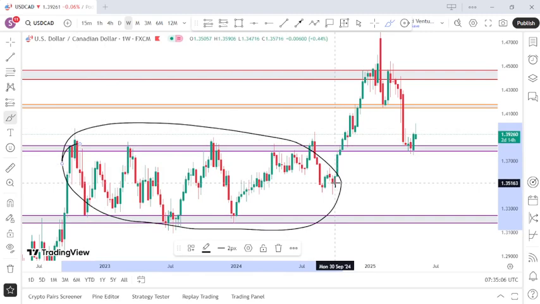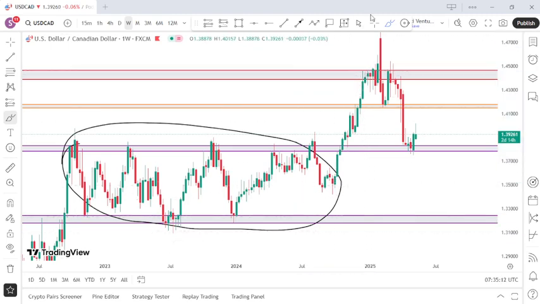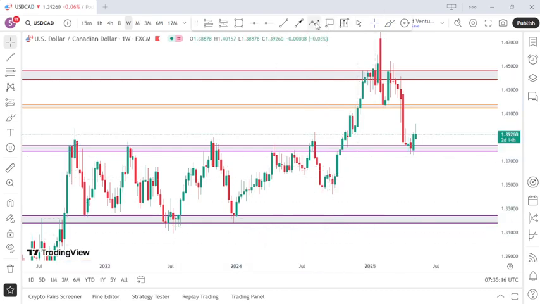Then it finally broke out all the way to the 3 month high. Then you could see a double top formed at the resistance there. The price broke the previous low, creating a lower low.